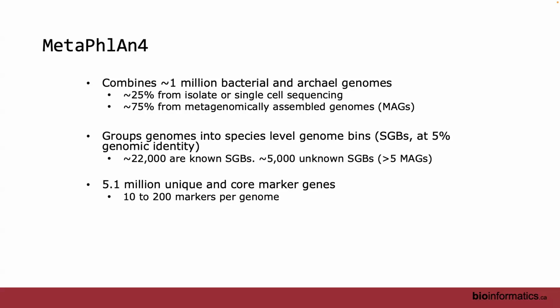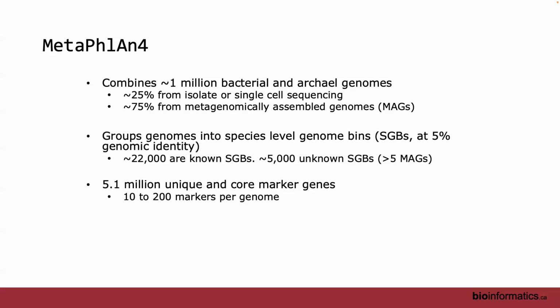And then within that, they start to identify unique and core marker genes. Essentially, any piece of DNA within that genome that is found across one of these SGBs and is unique to that SGB.